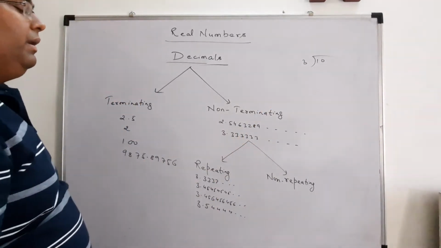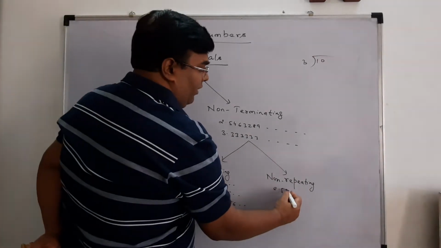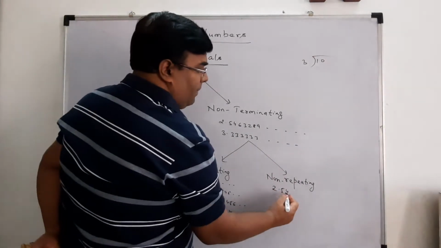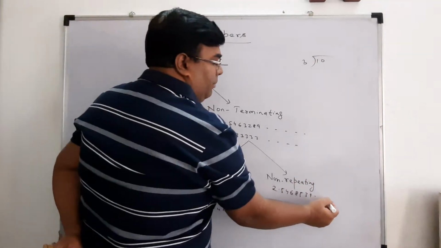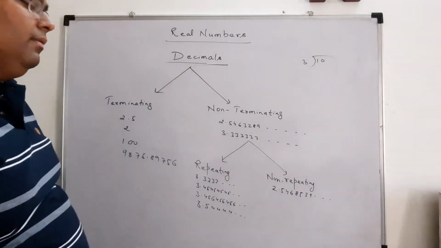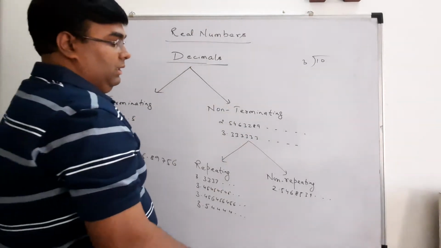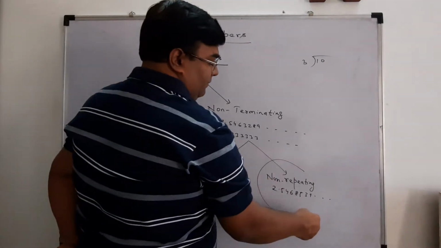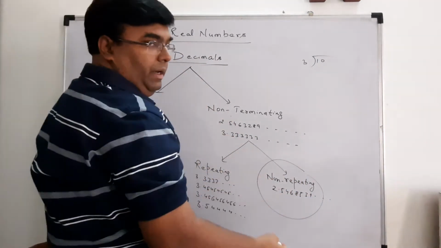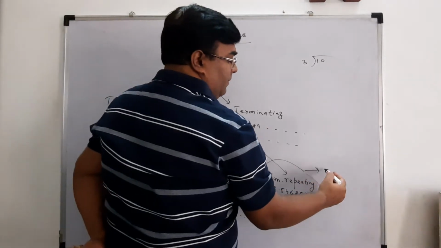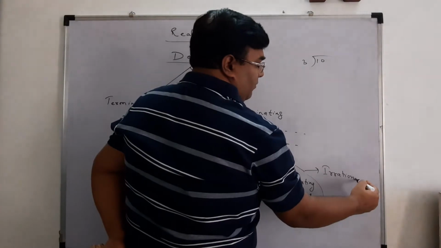These are non-terminating since they never end, but repeating. For non-repeating, any random number will come, like 2.5468539, no pattern, any number can come anywhere. Of all the decimals, this category, non-terminating and non-repeating, is my irrational number.